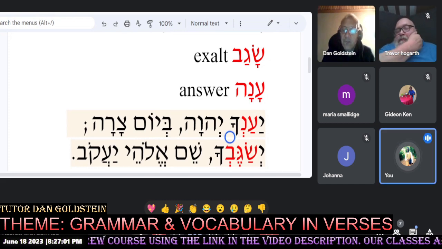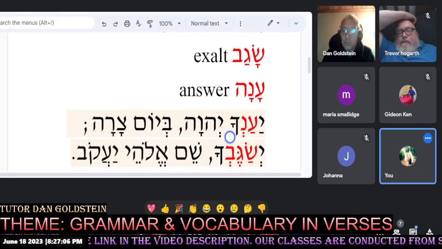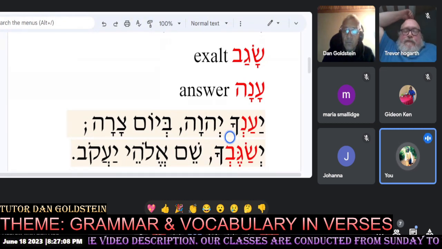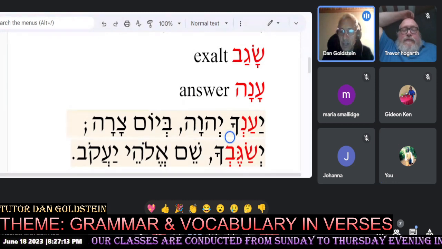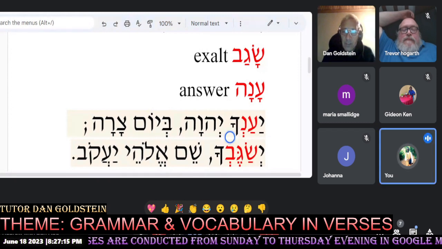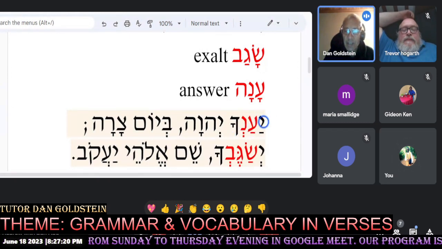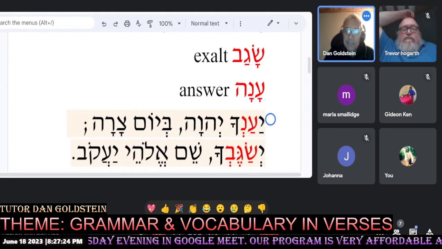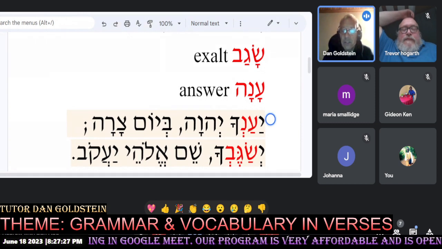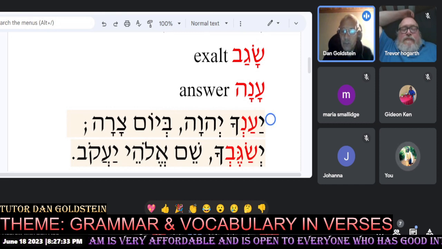We have ana in the first line, the first word, ya'ancha. So yes, this is a yud, right, and that's no problem. This yud is gigantic in this particular font, but it is in fact a yud. So what do we note about this shoresh in the verse? Which letter is missing from the shoresh?